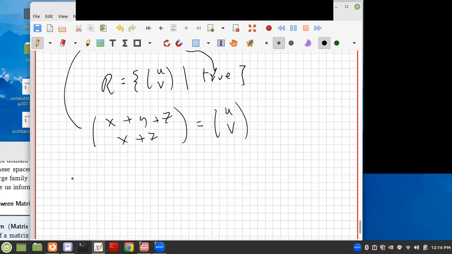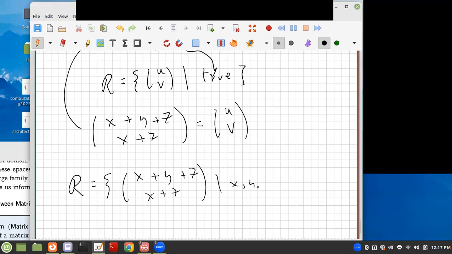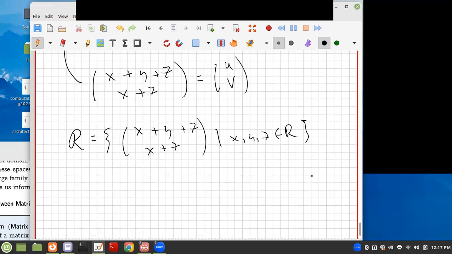So basically we say the range space equals X plus Y plus Z, X plus Z for X, Y, and Z members of R, right?